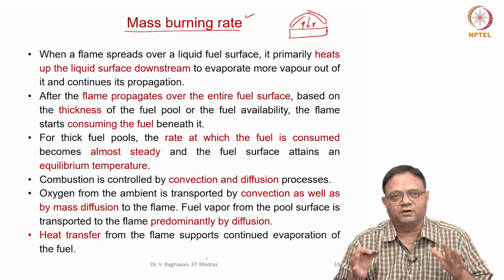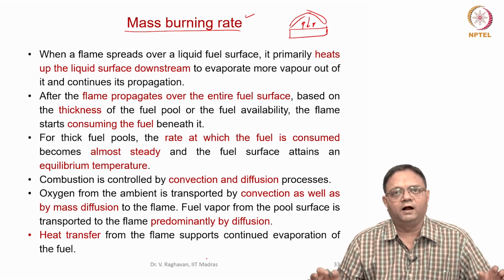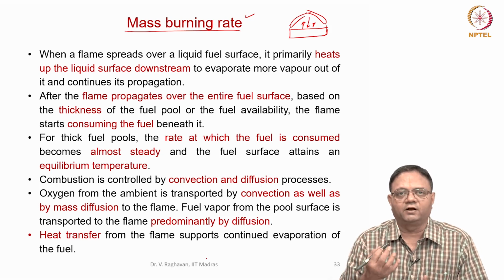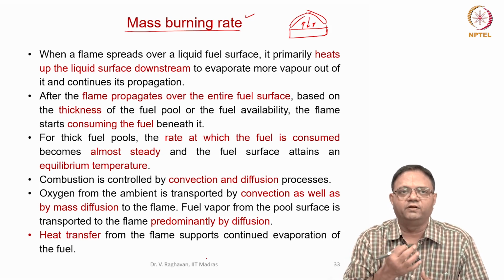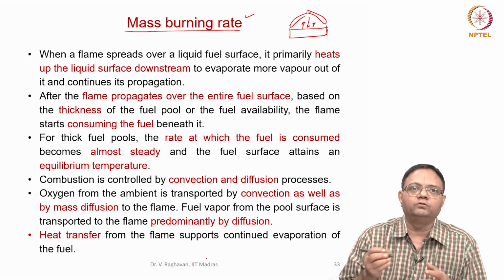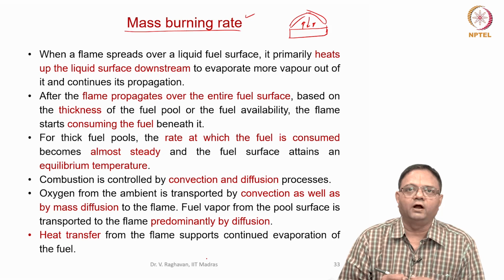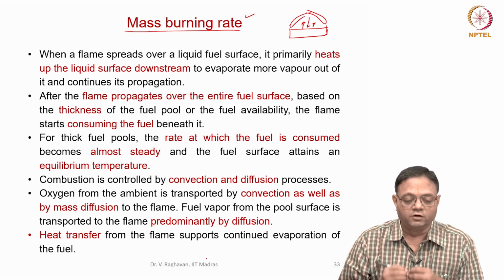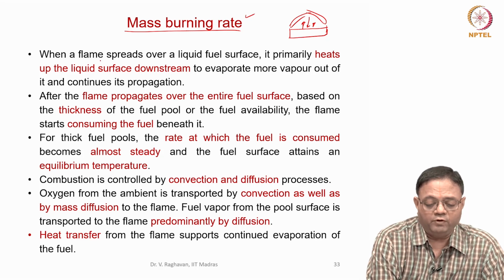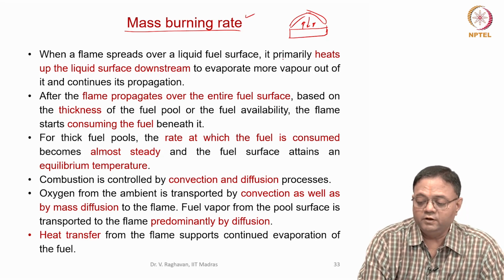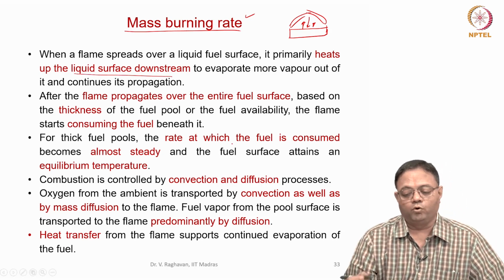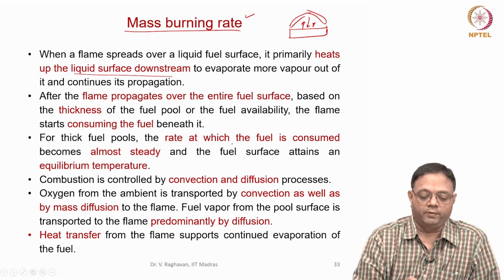Now, a flame is established over the liquid surface, and it slowly heats up the liquid, and mass transfer occurs. The vapor feeds the flame, and this cycle continues until the entire liquid mass burns. So, when a flame spreads over a liquid surface, it primarily heats up the liquid surface downstream and evaporates more vapor out of it and continues propagation.